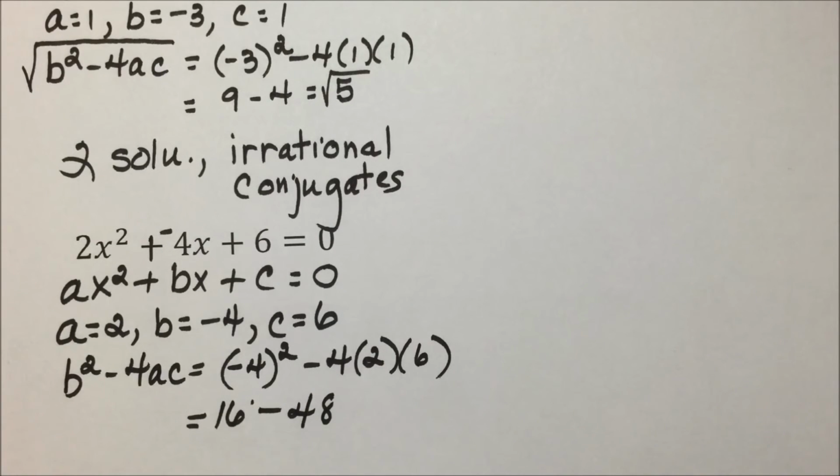We're clearly going to have a negative number here. We will end up with a -32. When our discriminant is negative, we end up with two different imaginary numbers.